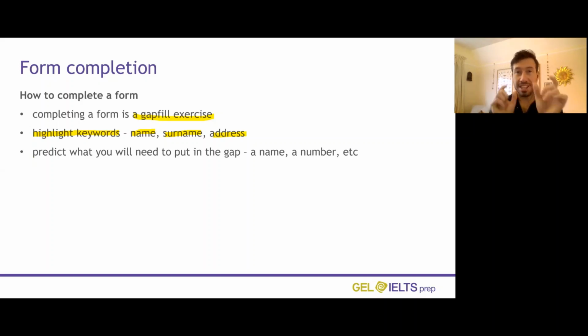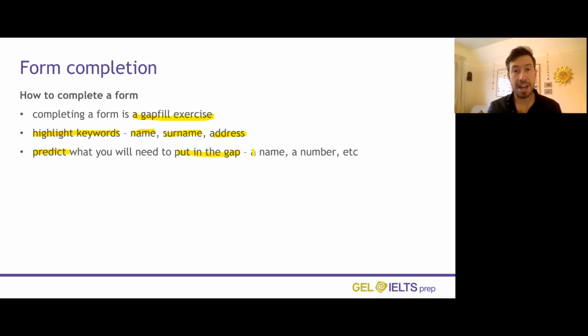After you've highlighted the keywords in the form, you're going to try to guess what is missing. So if it said the person's first name and then there was a gap, you can imagine in that gap there is going to be their second name or their surname. So the second thing you need to do is predict what you will need to put in the gap.